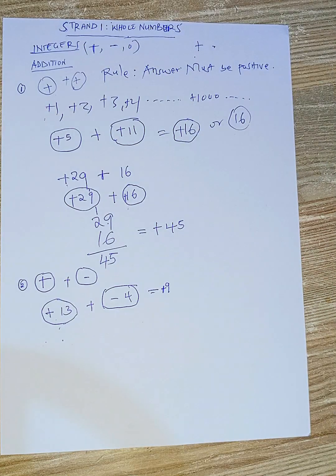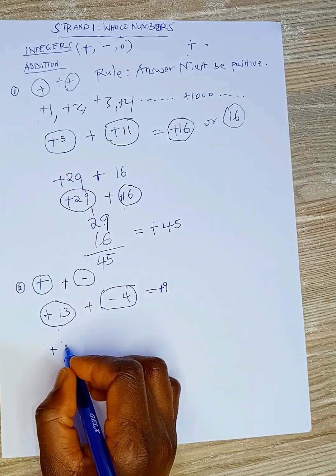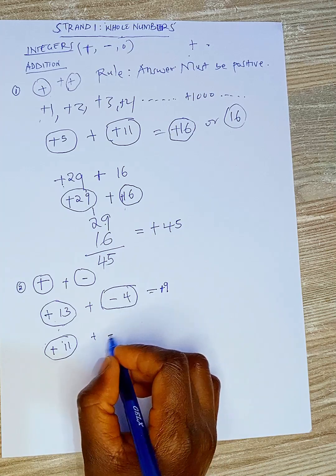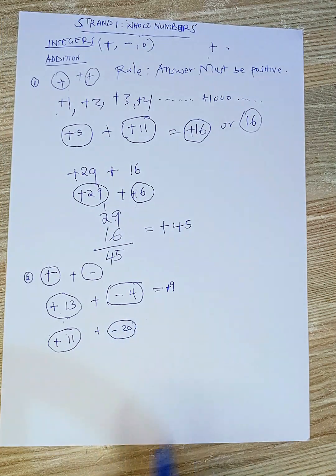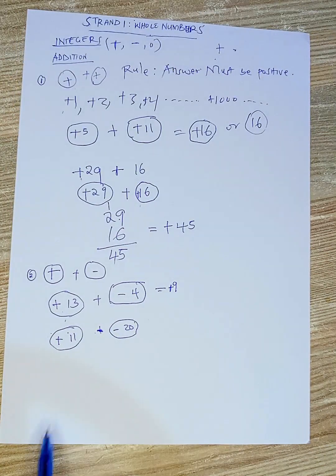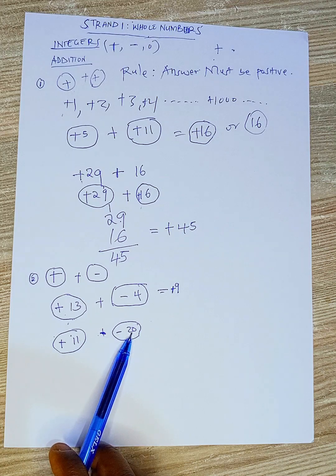For example, let us have positive 11. We are adding negative 20. So we subtract the smaller number from the larger number. The smaller number is this and the larger number is this.